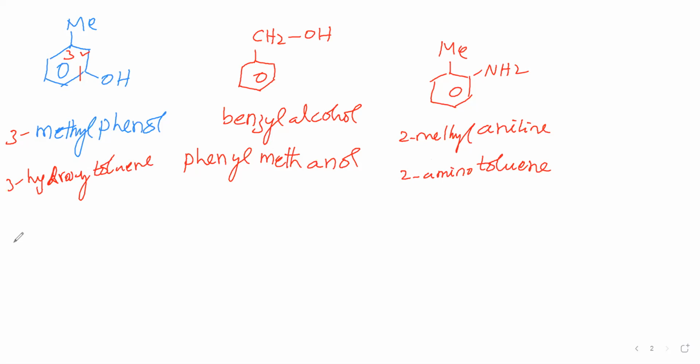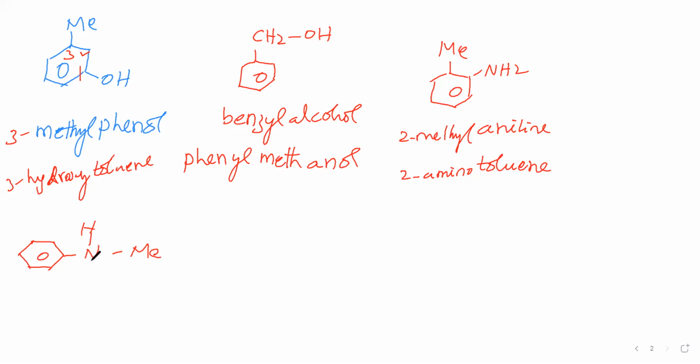Next we will take this phenyl ring, this NH-Me. Now see, in this functional group is N, that is having only one nitrogen, therefore it is called a secondary amine. This secondary amine name we will see.